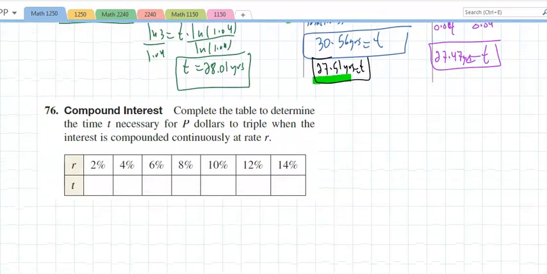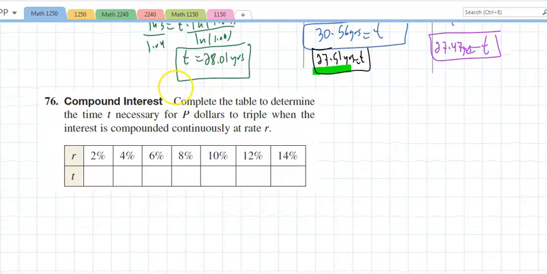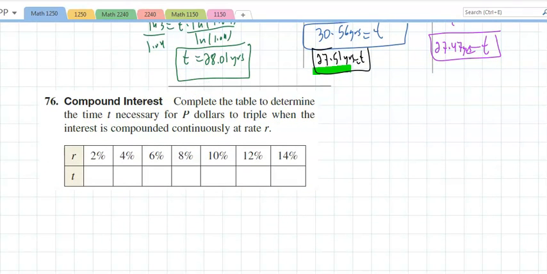And I'm going to do certain parts of this problem just to make sure we're solid on this. Here, complete the table below. The time t necessary for p dollars to triple. Again, triple. You put in the amount you want to triple, interest rate compounded continuously. Let's pick a couple of those. If they don't give us an initial value, we pick a value. Let's say $100.